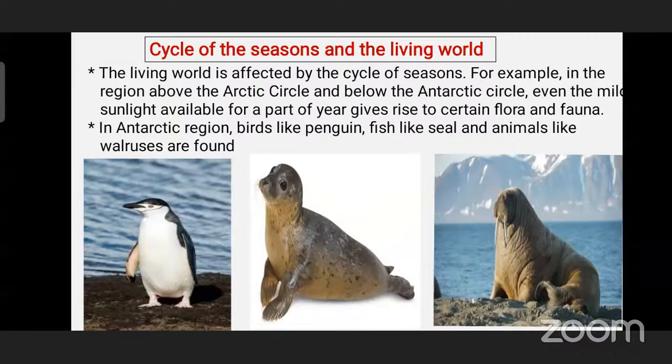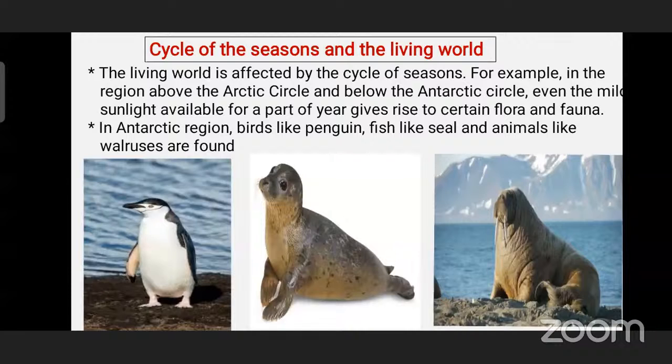For example, in the region above the Arctic Circle and below the Antarctic Circle, even the mild sunlight available for a part of the year gives rise to certain flora and fauna. So students, you know that in the North Pole and South Pole, it is very cold. So when it receives mild sunlight, even that is responsible for the growth of certain flora and fauna.